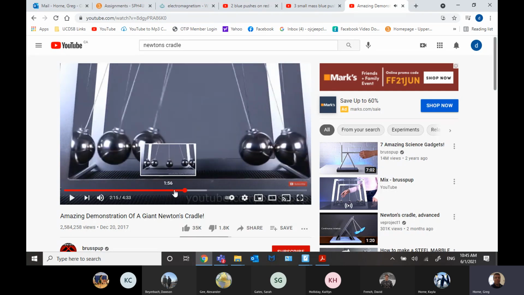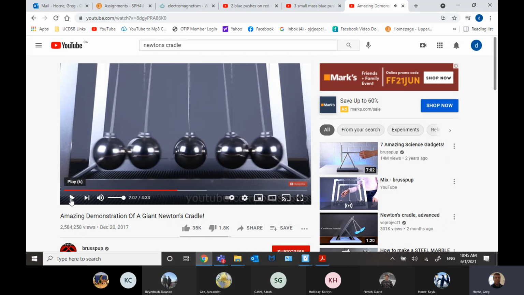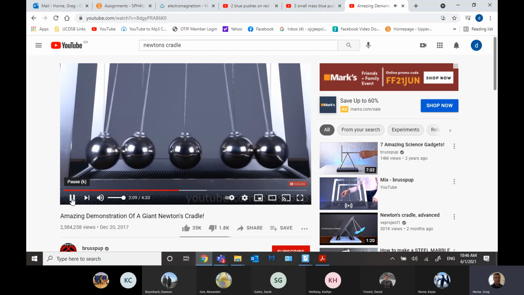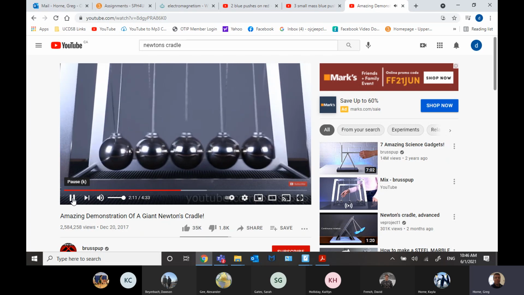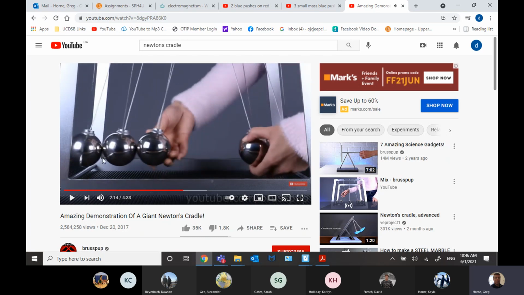So if you didn't get a chance to quite see what happened there, give it a minute here. Oops, pause. So we got three here, two there. What happens? The other ones were kind of obvious, right? Like one bouncing against one, one bounces out each way, or two bouncing from each side, they bounce out.